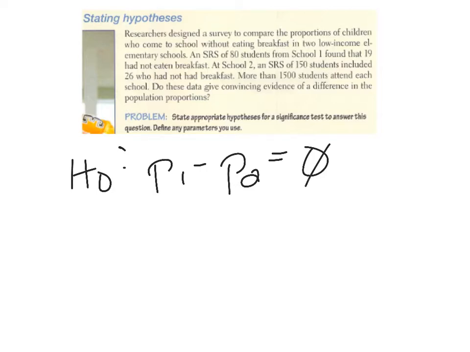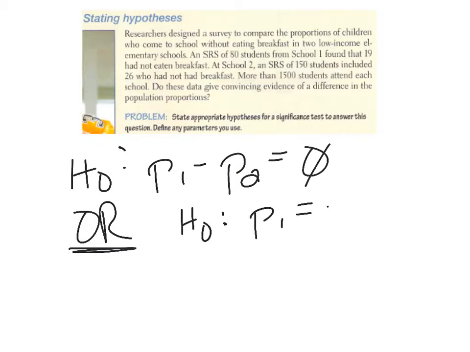So they have no difference between the two. Or I can say that my null hypothesis is that P1 equals P2. That would be no difference, right?